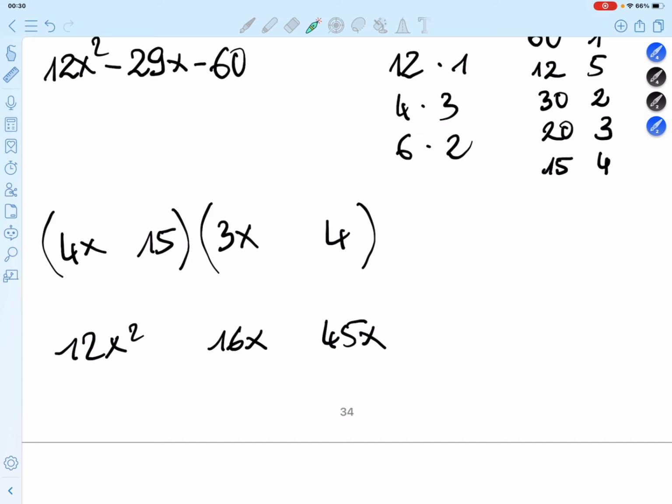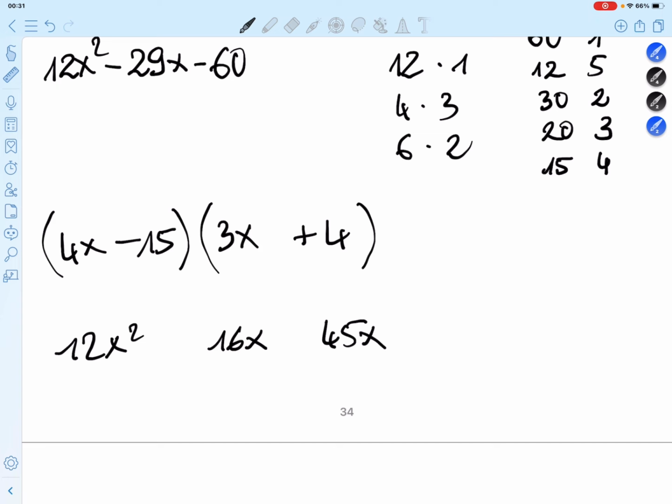So it means in order for me to get minus 29, this should be negative, this should be positive, right? So minus 45x should be negative and plus 16 should be positive. And so this one here is the negative sign and this is positive sign.